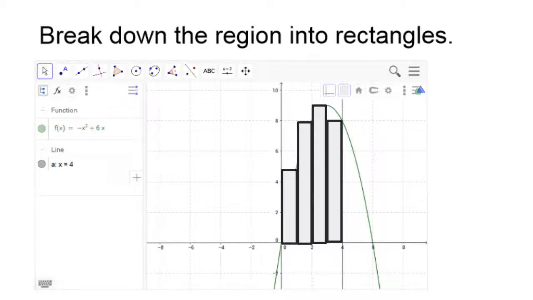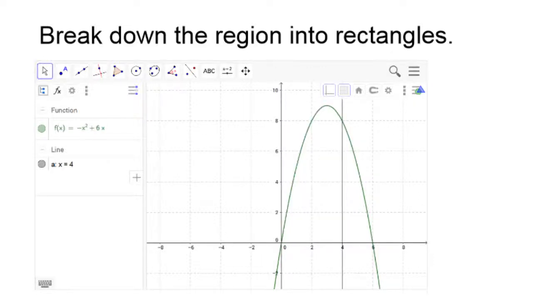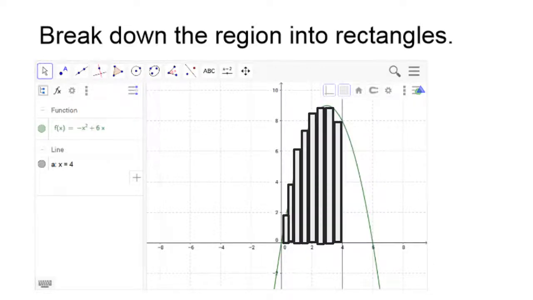Let's do this further. Now, if I break this up into 8 rectangles, you'll see something that looks very close in area to the area of my curve.